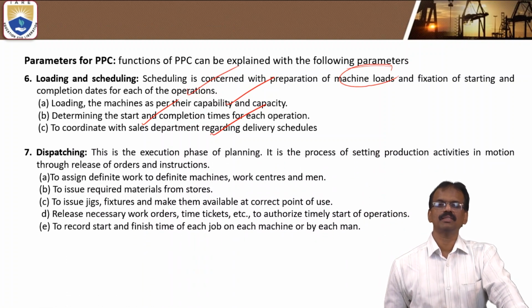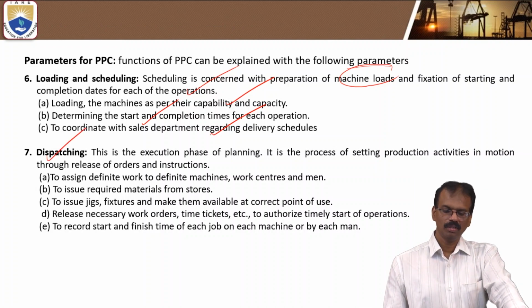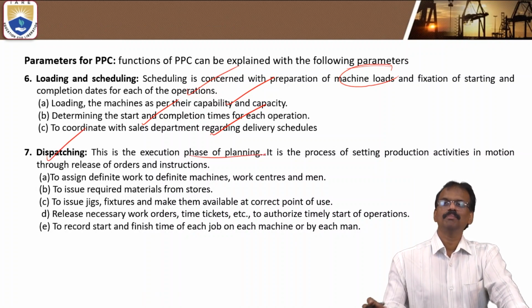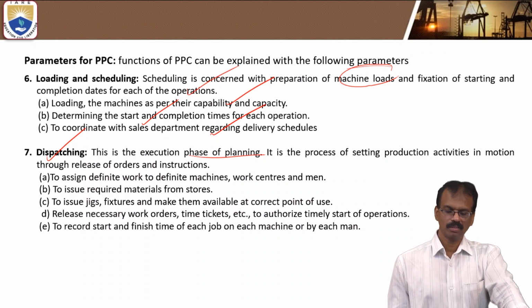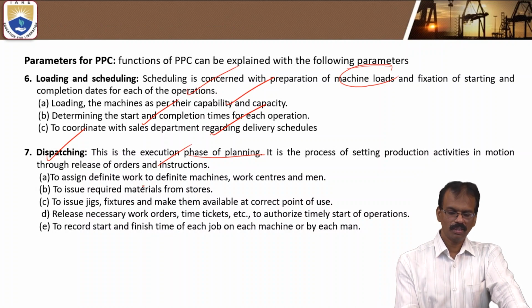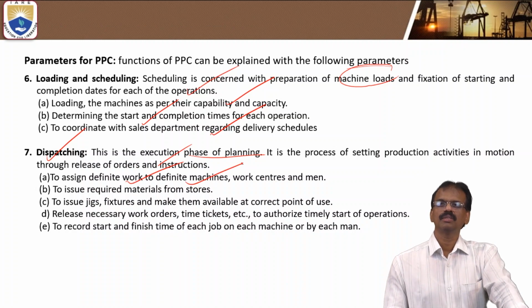So next is dispatching. So you know that this is the important thing. So this is the execution phase of planning. So it is the process of setting production activities in motion through release of orders and instructions. It includes assigning definite work to definite machines, work centers and men.